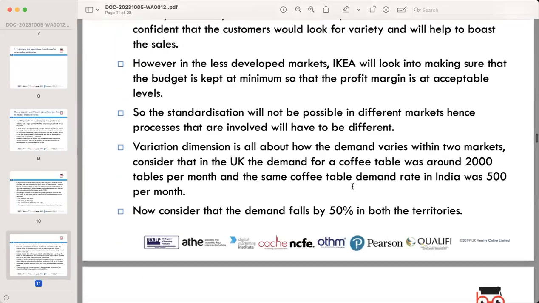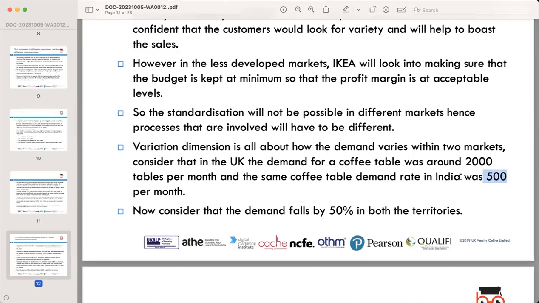For example, in the UK, the monthly demand for coffee tables might reach 2,000 units, but in India, the demand for the same coffee table may only be 500. So if demand experiences a 50% decrease in both territories, the impact and management of this variation will differ due to the distinct market dynamics and consumer behaviors.